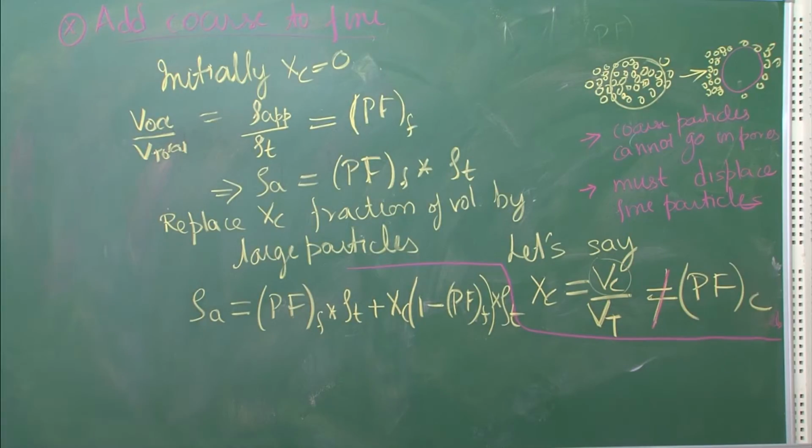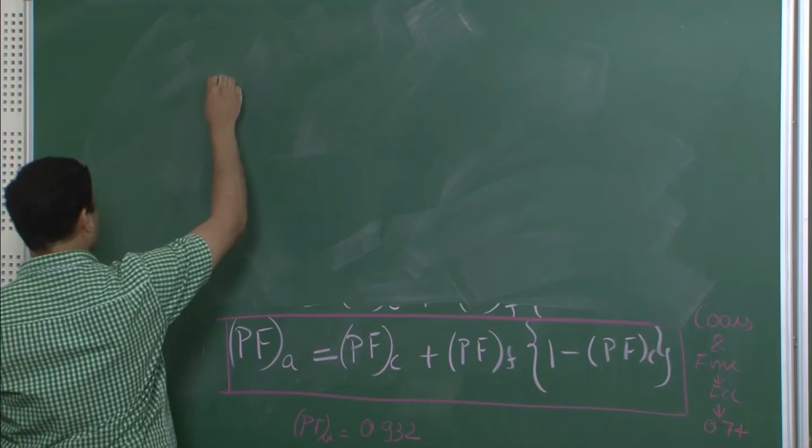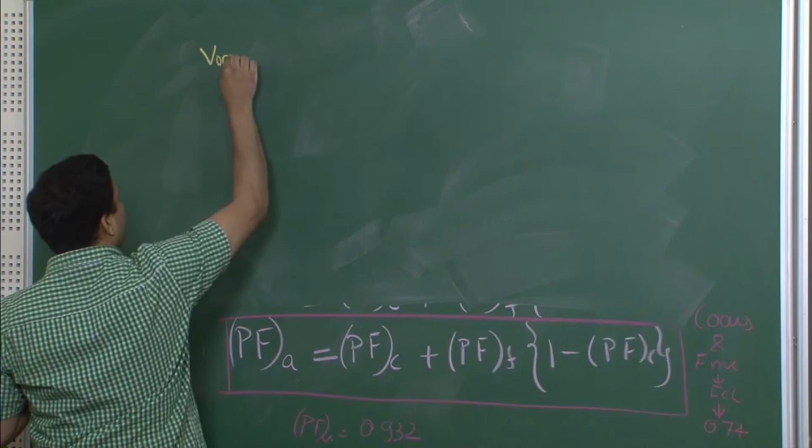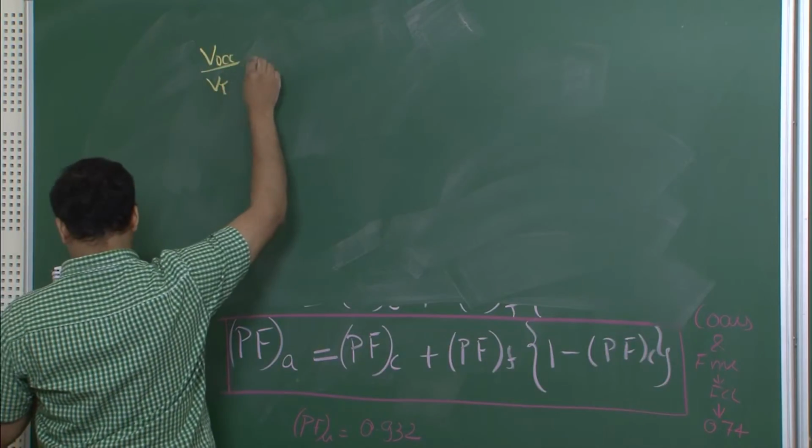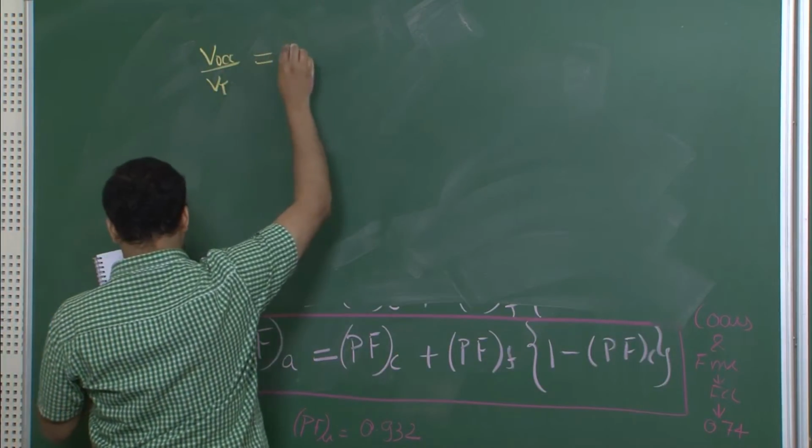Another way we can also look at it. So let me write it over here. I will keep the lower equation so that we can compare it with the new equation that we will obtain. The other way to look at it would be, let us say V occupied by V total is what we were looking at.